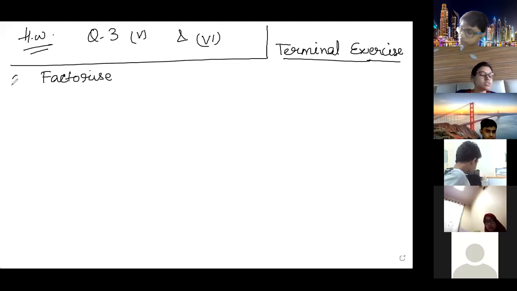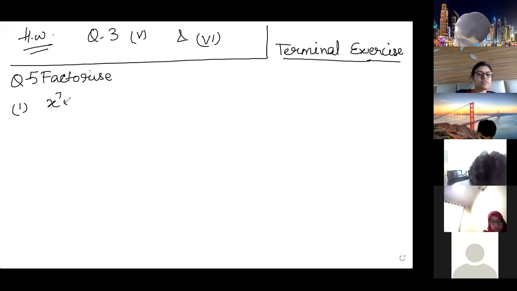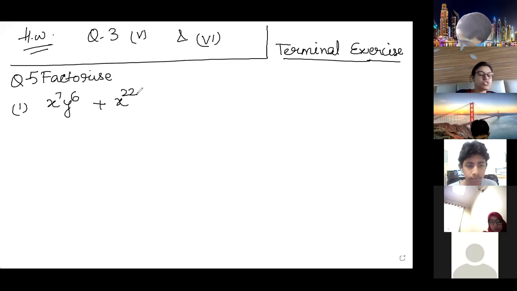Factorize. This is question number 5 of terminal exercise, part 1. x raised to 7, y raised to 6, plus x raised to 22, y raised to 20.